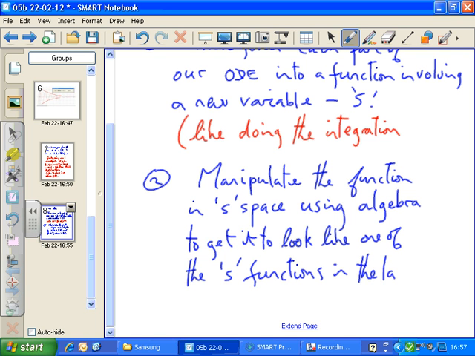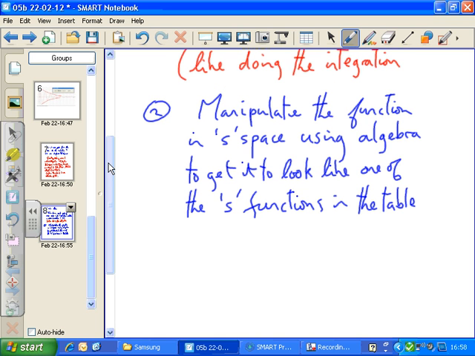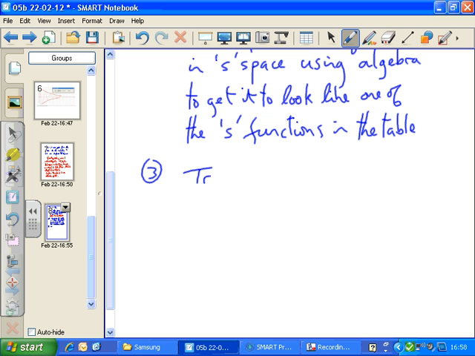That's all like a perfect square. Yeah, that's when we use things like the perfect square to do that. Manipulate the function in S space using algebra to get it to look like one of the S functions in the table, and then 3, transform back to get our solution.